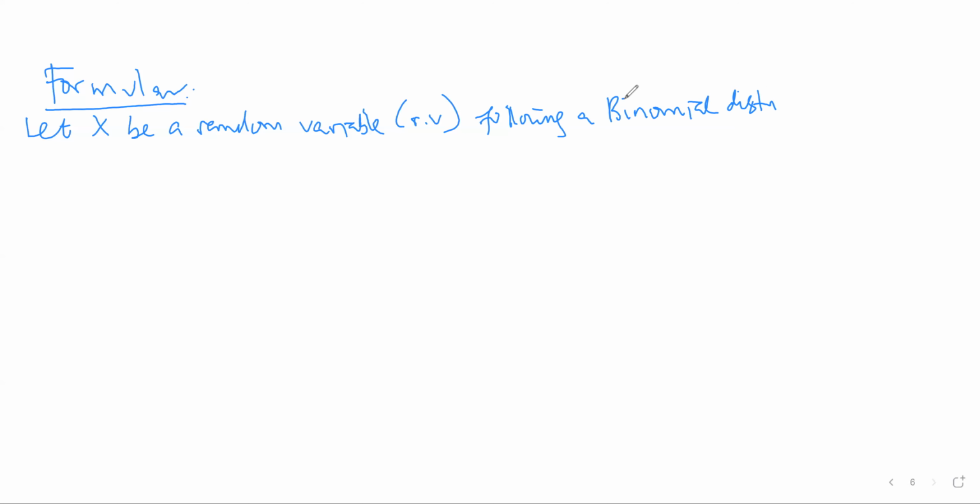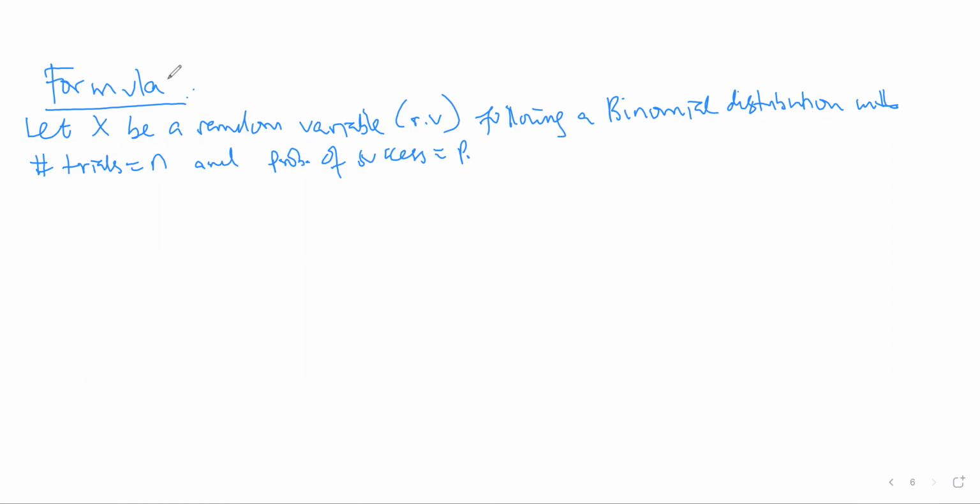Let X be a random variable following a binomial distribution with number of trials equal to N and probability of success equal to P. As we mentioned when we were starting, the binomial distribution is defined by those 2 items, N and P. So once you have those 2, you are sorted.